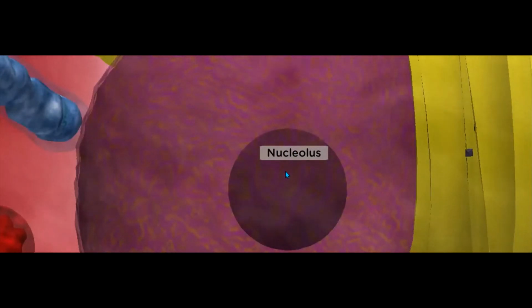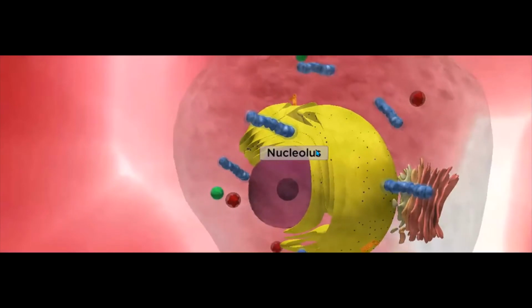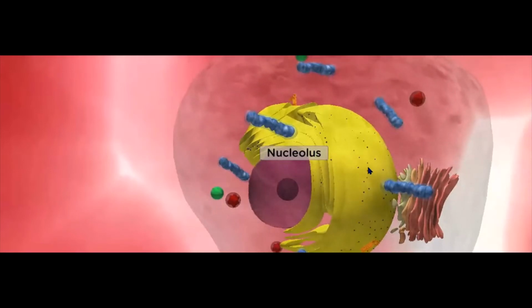The assembled ribosomes move out of the nucleus to the cytoplasm or to the rough endoplasmic reticulum. So once ribosomes have been made, they move into the cytoplasm or rough endoplasmic reticulum.